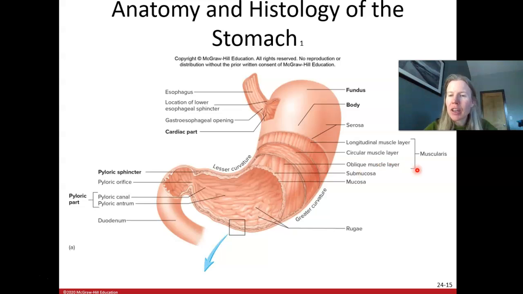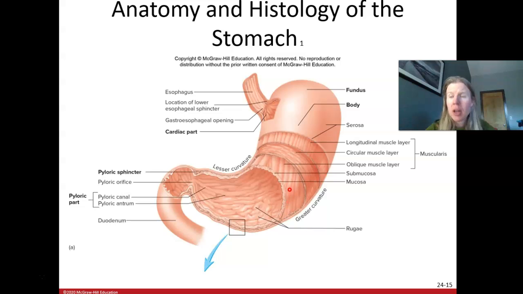In the muscularis layer, what I wanted to point out here is there's an extra layer of muscle. So instead of just circular and longitudinal, now we also have an oblique. This is also true in the muscularis mucosa.